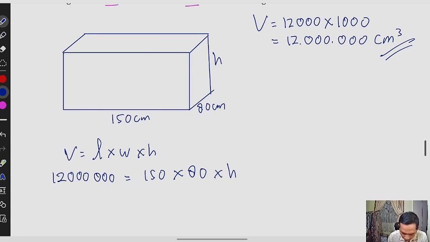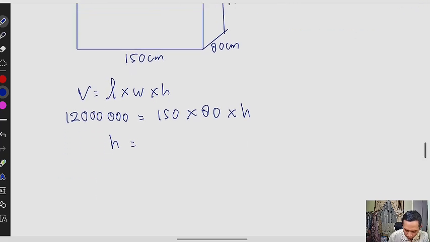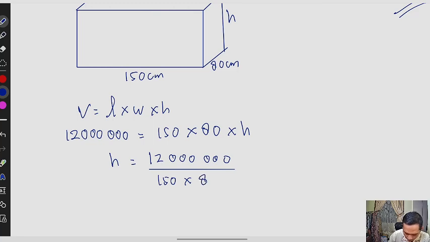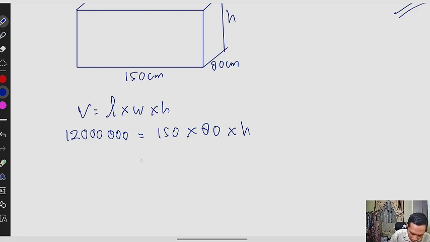All right, to find h, use the balancing method or transposition. It's all multiplication, so you divide by 150 and by 80. Or maybe calculate first, so I don't confuse you later on. 150 times 80, everyone.